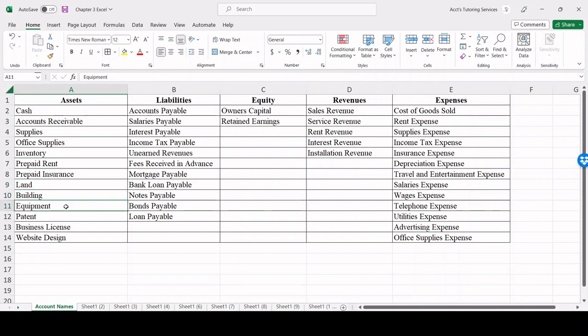Land, building, and equipment are all future benefits because your building is situated on the land and the equipment is within the building and it helps you produce your inventory. Future benefit. Patents, business license, and website design are all future benefits because they provide you with some sort of benefit in the future, right? And remember, these are intangible assets. They don't have physical substance.